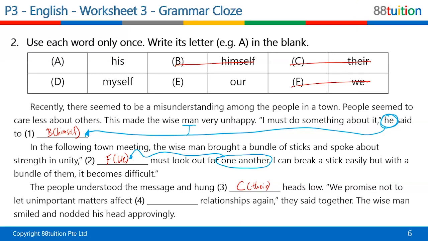The people. Yes, it is the people, so it's more than one. So that's part of the clue over here. But why is it their? Why isn't it like our? Or why isn't it we? Why is it their?